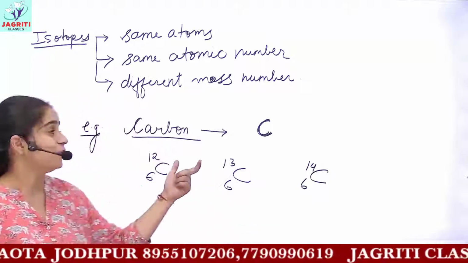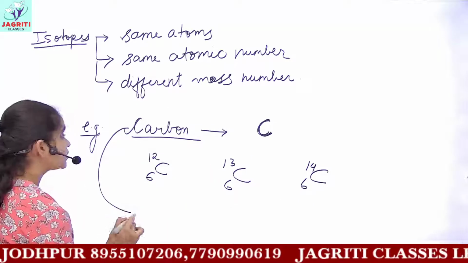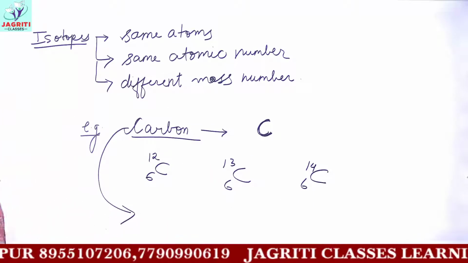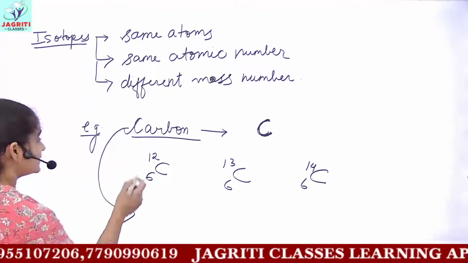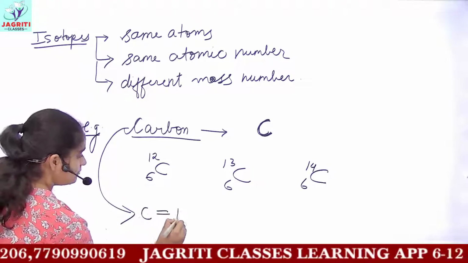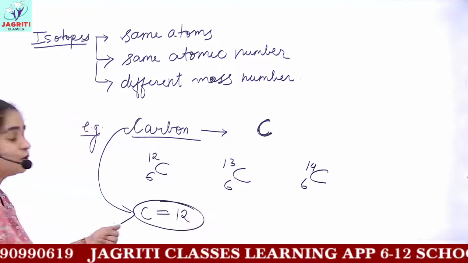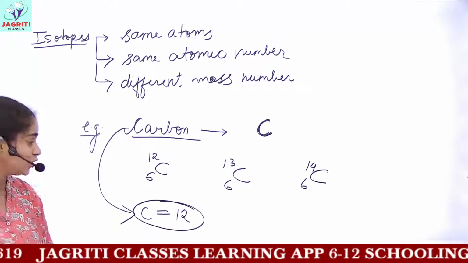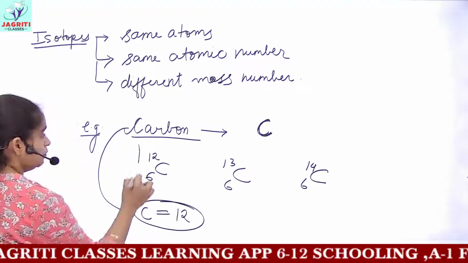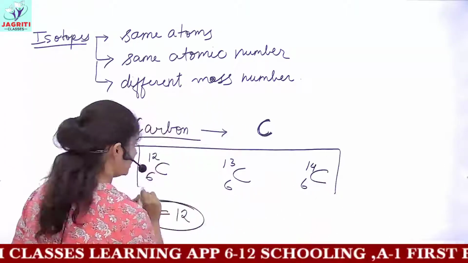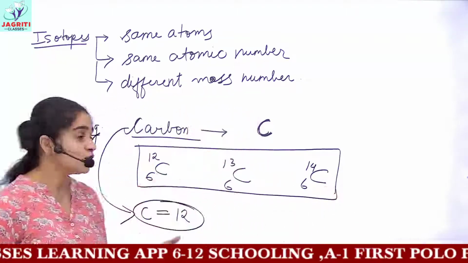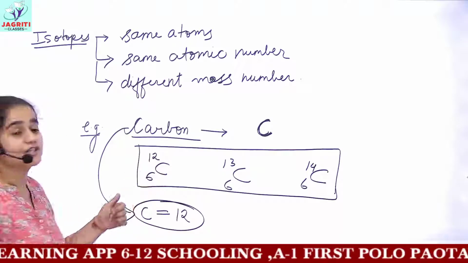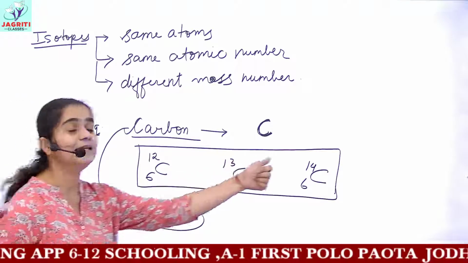But generally, whenever we calculate the mass of carbon, like what we did in molecular masses, we only consider the mass to be 12. Whenever a carbon atom comes, you calculate the mass to be 12 U or 12 AMU. Why so? We have three isotopes of carbon found in nature. So why do we only calculate the mass to be 12 and not 13 or 14?